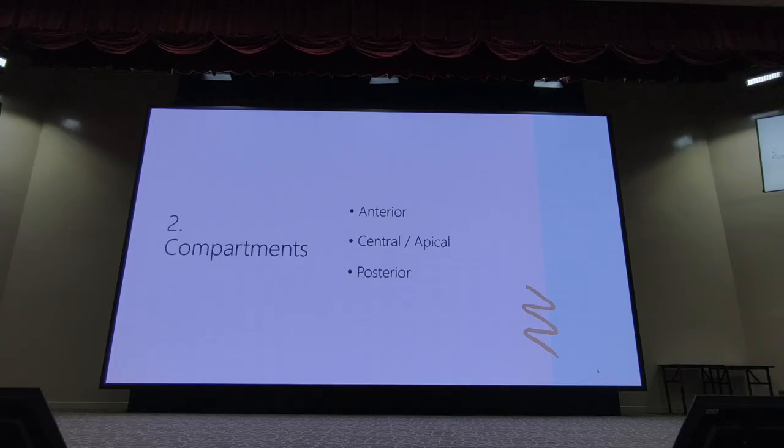Number two, you need to know what compartments are involved. Is this patient having an anterior prolapse alone? A posterior prolapse alone? Central or apical prolapse alone? Or in combination, right? And a very important thing, does she still have a uterus or not?